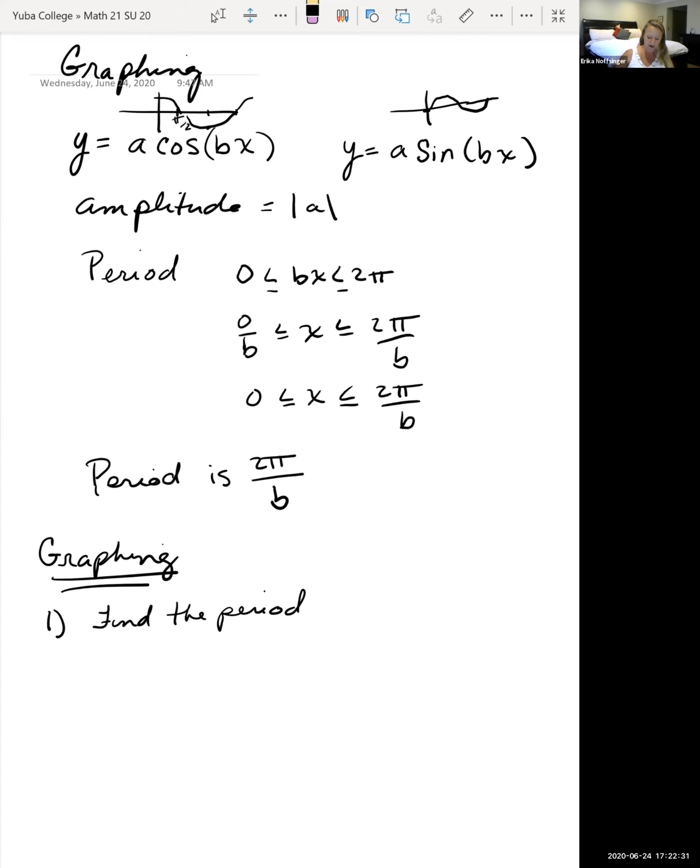So first we're going to find the period, then we're going to split one period into the start value, the quarter value, the half value, the 3/4 value, and the endpoint.